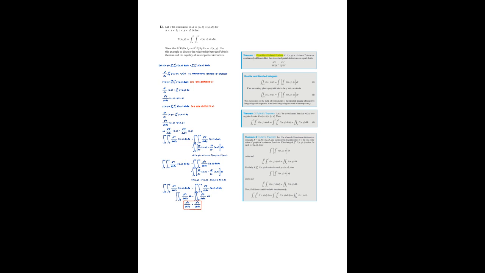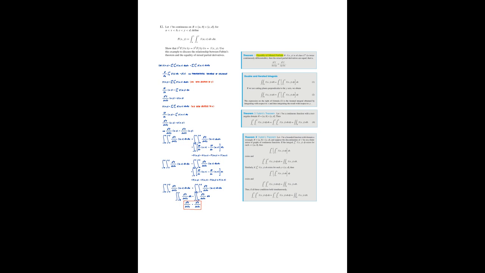So first I wrote down the given, and obviously you can interchange the integral from c to y and a to x in relation to Fubini's theorem. And I also wrote down that we're using the fundamental theorem of calculus, because that's also what they use in the section. So I did it in both ways. The first thing that I did for the first way was to differentiate both sides of the given equation with respect to y.